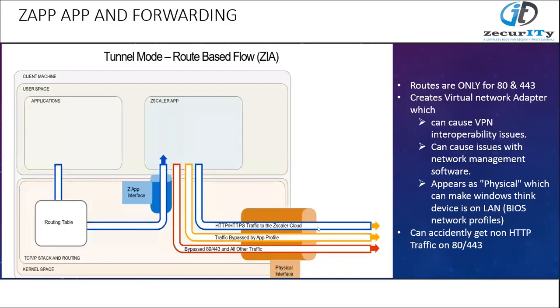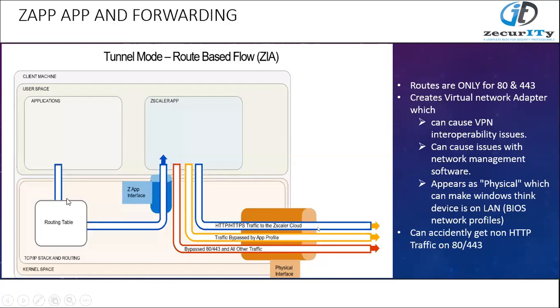Tunnel mode and route based flow. In ZApp, there are different ways of configuration. We are predominantly looking at the major configuration parameters like tunnel mode route based, tunnel mode packet filter, and tunnel with local proxy. Let's jump in and see the tunnel mode route based flow. Here on the left hand side, you can see the applications.